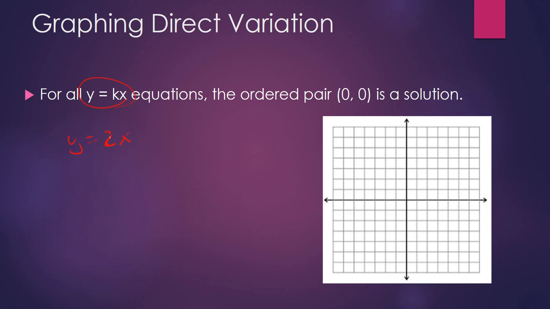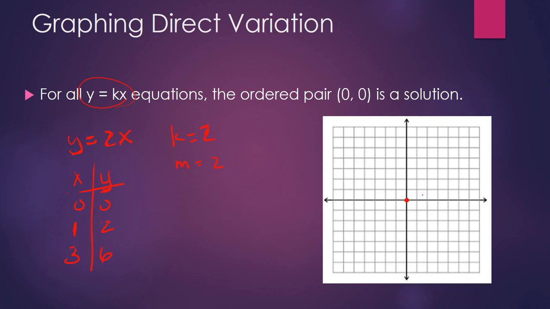So for y equals 2x, my constant of variation is 2, and that relates directly to my slope. So I know that 0, 0 is a pair, and if I set up a table and plugged in my values, when x is 0, y is 0, when x is 1, 2 times 1 is 2. When x is 3, 2 times 3 is 6. So those are some points.